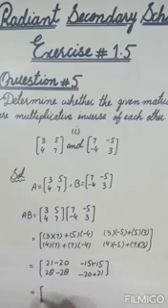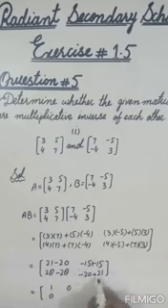By simplifying, it is equal to 21 minus 20 is equal to 1, 28 minus 28 is 0, plus 15 minus 15 is 0, minus 20 plus 21, answer is 1. So it is equal to the identity matrix.